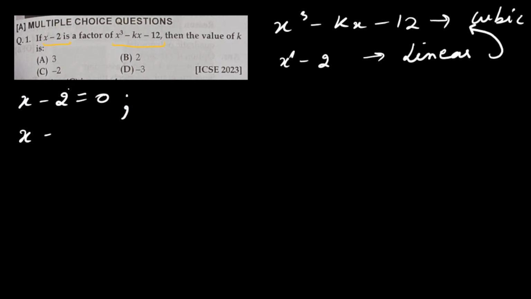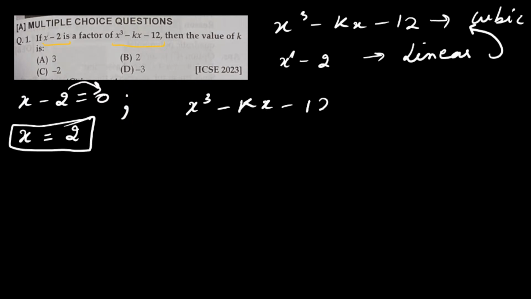When I write equals to 0, I can find the value of the variable from this one. Minus 2 when I shift to the other side will change to plus 2. When we substitute this value of the variable in the other polynomial, I'll get my answer 0.